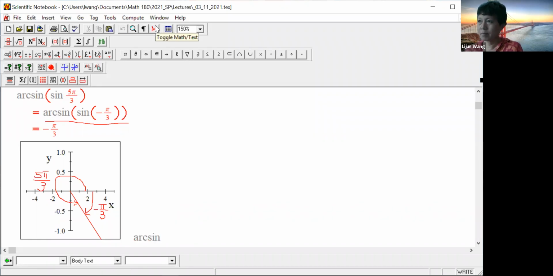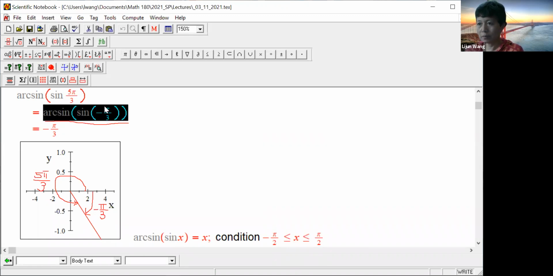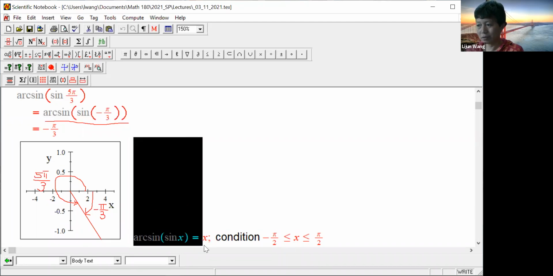Arc sine of sine of x equals x, for the condition that x is between negative pi over 2 and pi over 2. Negative pi over 3 is in that interval. Therefore, for this quantity, we can apply this condition. Do you guys see that?